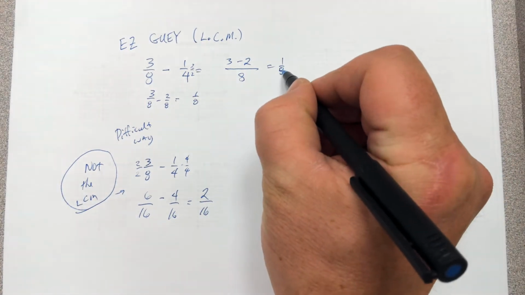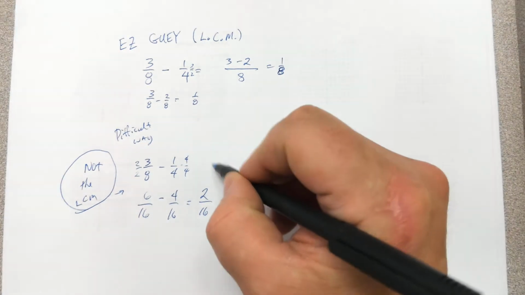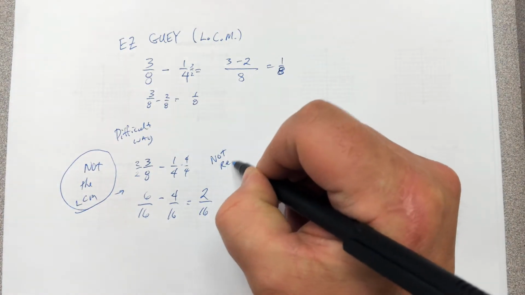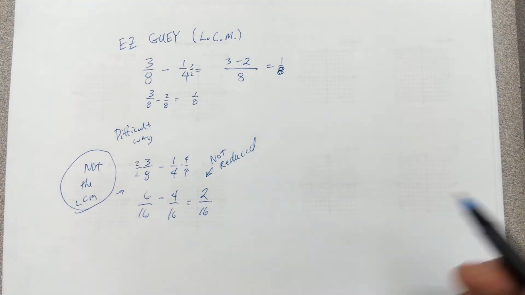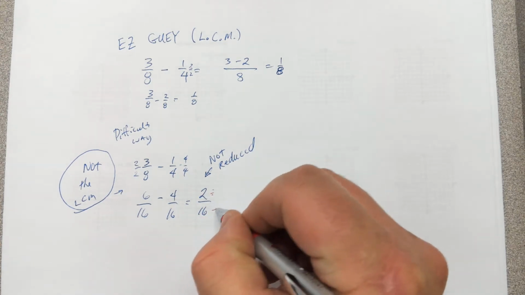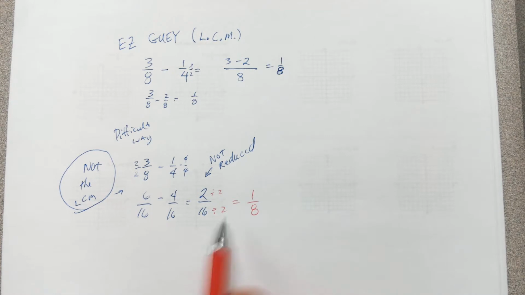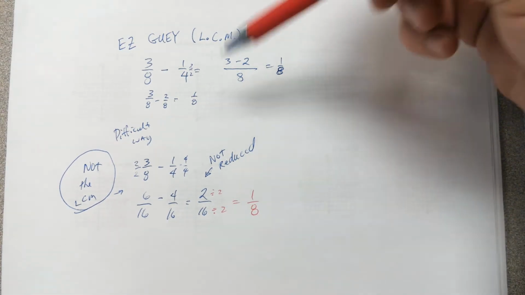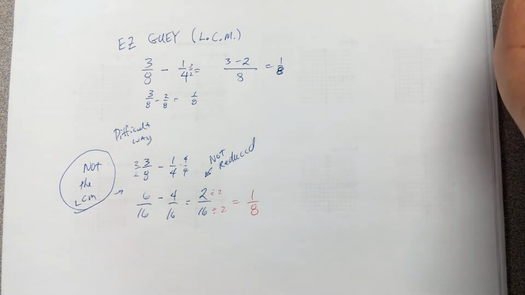That's not reduced, because you can divide by 2. To reduce that one, you have to divide the top and the bottom by 2, and you get 1 over 8. So more steps. If you find the LCM, you have fewer steps. And you don't have to do the thing that is maybe the most confusing, and that's reducing.